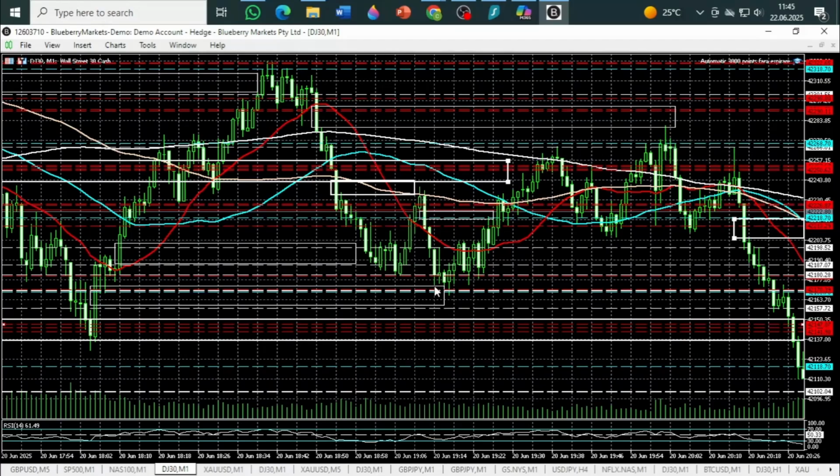So we have this trend from here to here, fair value gap here. So we can see the fair value gap decides the beginning of the trend and even the final of the trend. Very, very important tool.